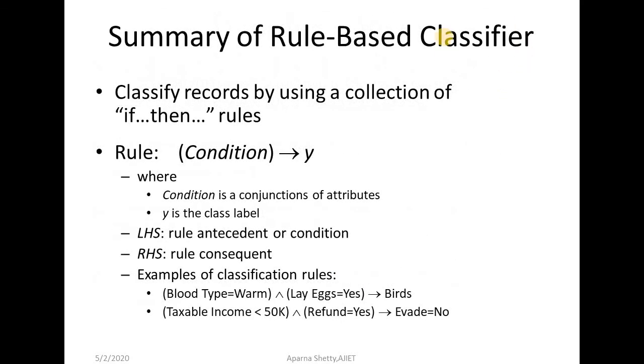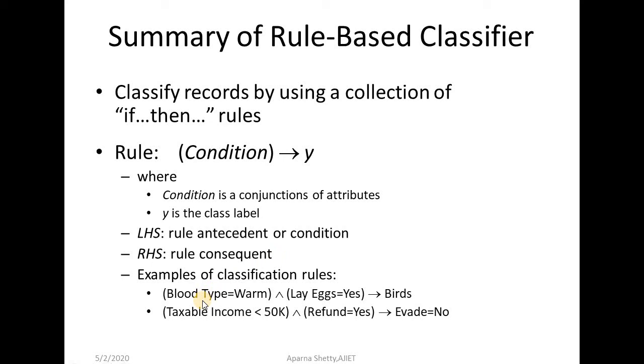Next, let us see the summary of the rule-based classifier. A rule-based classifier classifies records by using a collection of if-then rules. For example, a rule is condition implies Y, where condition is a conjunction of attributes and Y is the class label. The left-hand side is the rule antecedent or condition, and the right-hand side is the rule consequent.